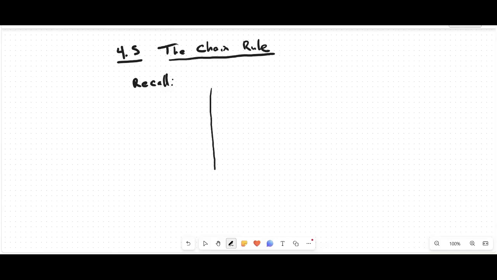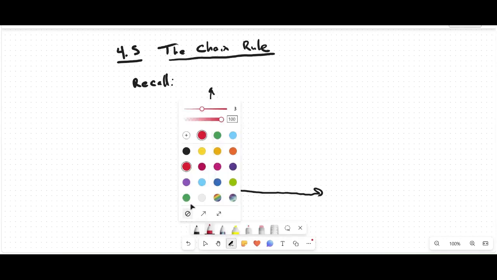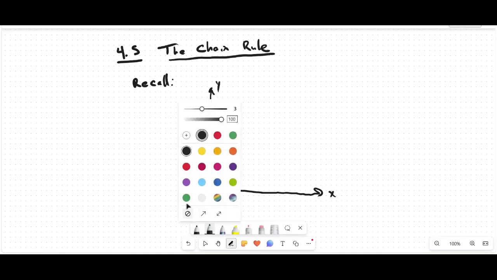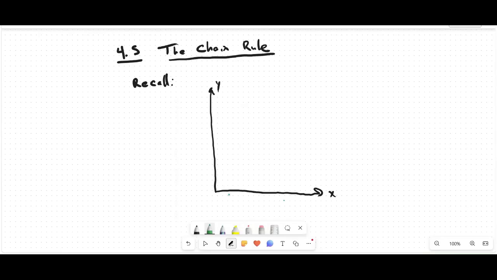I want to imagine a little word problem just to really give you something to visualize. So let's say that this is X and this is Y, and that we have this little game going where you are moving along the X axis.